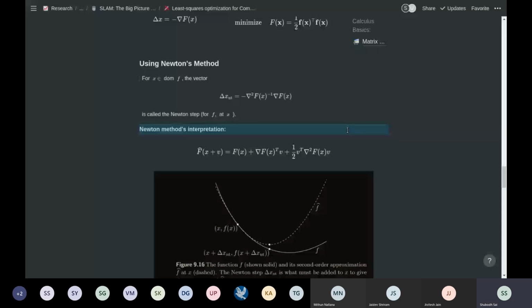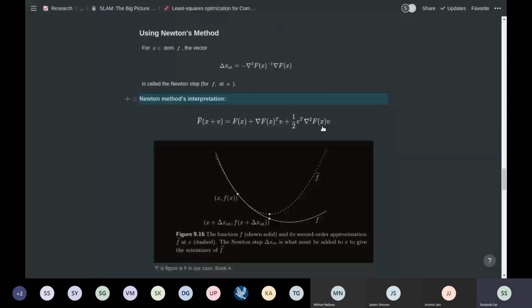Delta x, your step, would be equal to minus of Hessian inverse into gradient. This is the Hessian, which I will later represent by H. Now, that is the definition. How do we arrive at that?